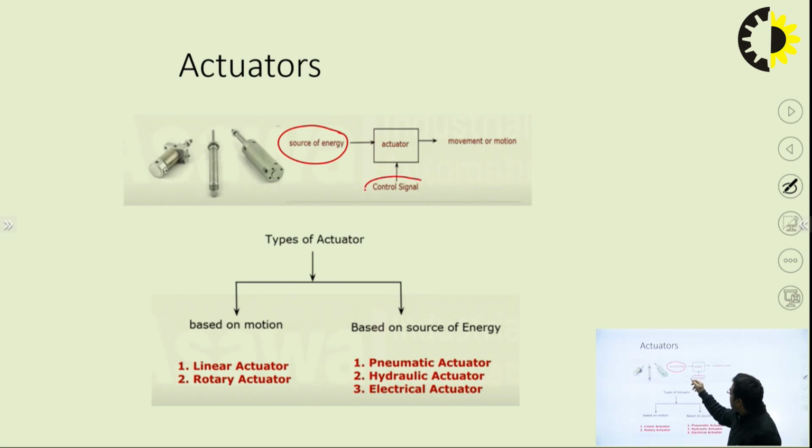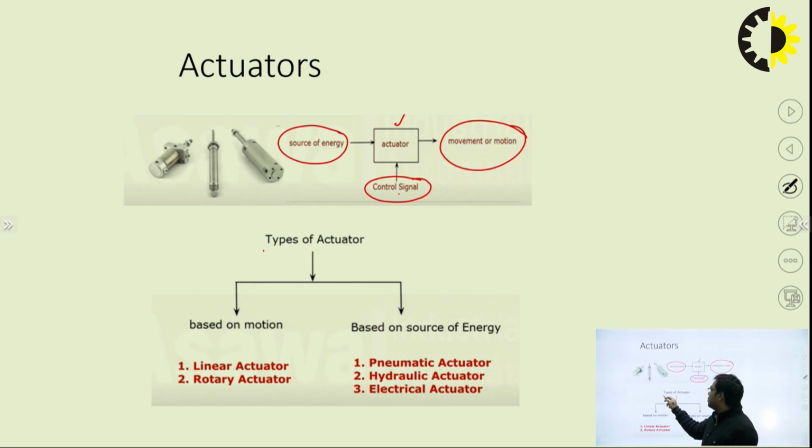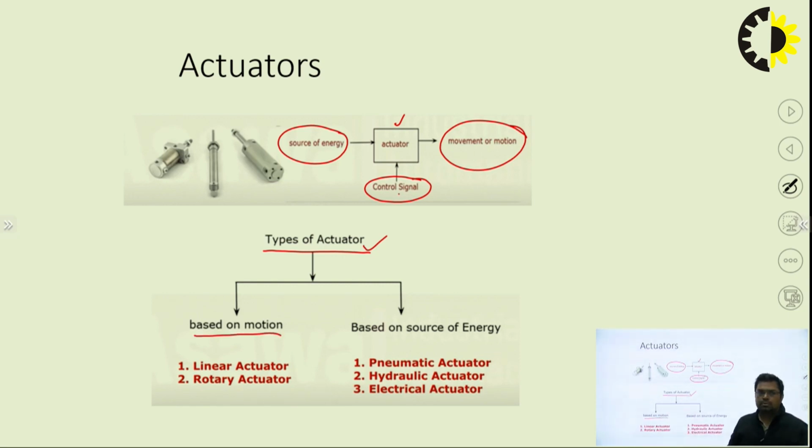We have to put in the control system, the arrangement of how the actuators will perform. Based upon the control system and the source of energy, the movement of motions will be performed, either rotary motions or linear actuation motions. If we go to the classification of actuators, they are classified based upon two things: the motion and the source of energy. Based upon motion, they are either linear or rotary actuators.